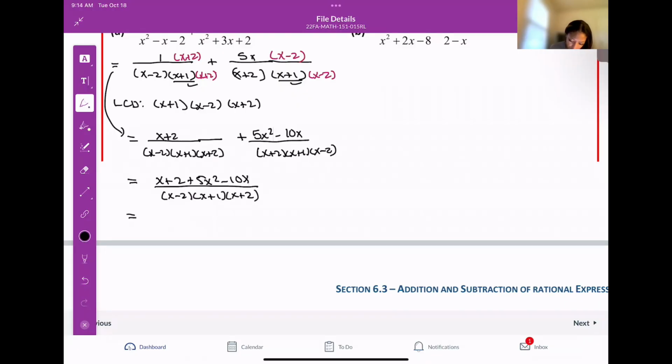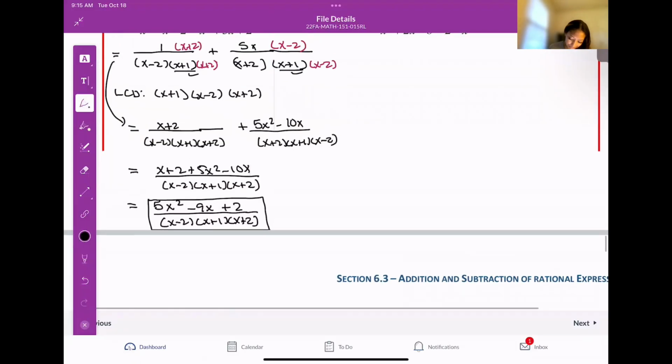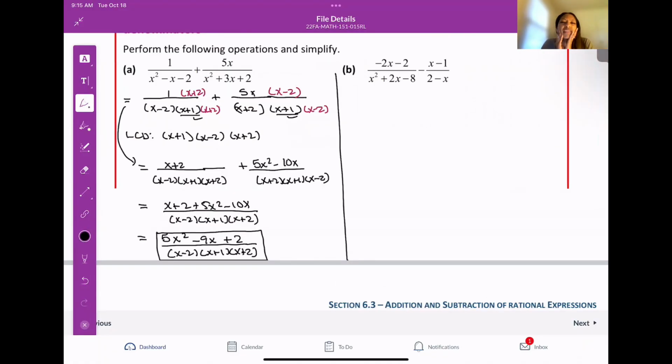If we rearrange these terms and simplify, this is 5x squared minus 9x plus 2 over (x minus 2)(x plus 1)(x plus 2). Ta-da, the end.